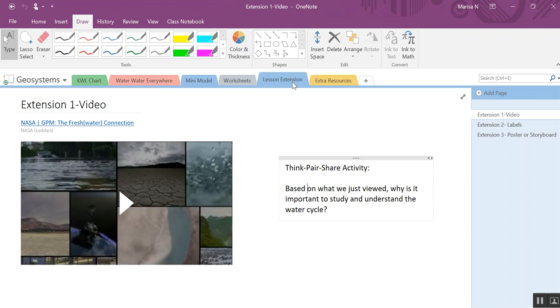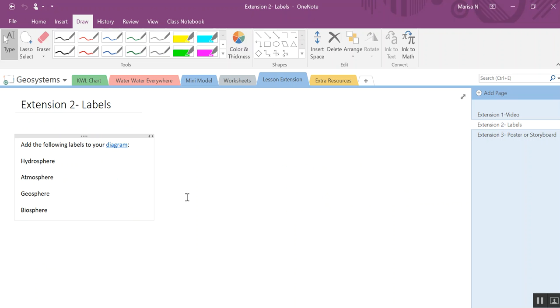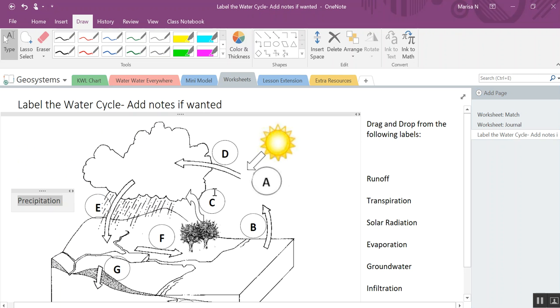The other two tabs provide extension ideas and extra resources for students. For lesson extensions, I provided three options, which include a think, pair, share activity after viewing a video, labels to which students can add to their diagram, and for quick navigation, there is also a link right to the other tab to their diagram.